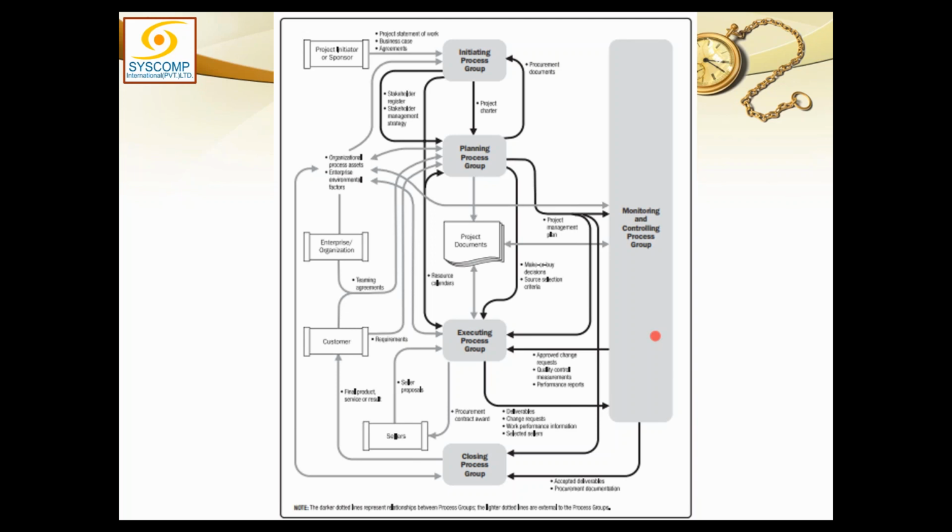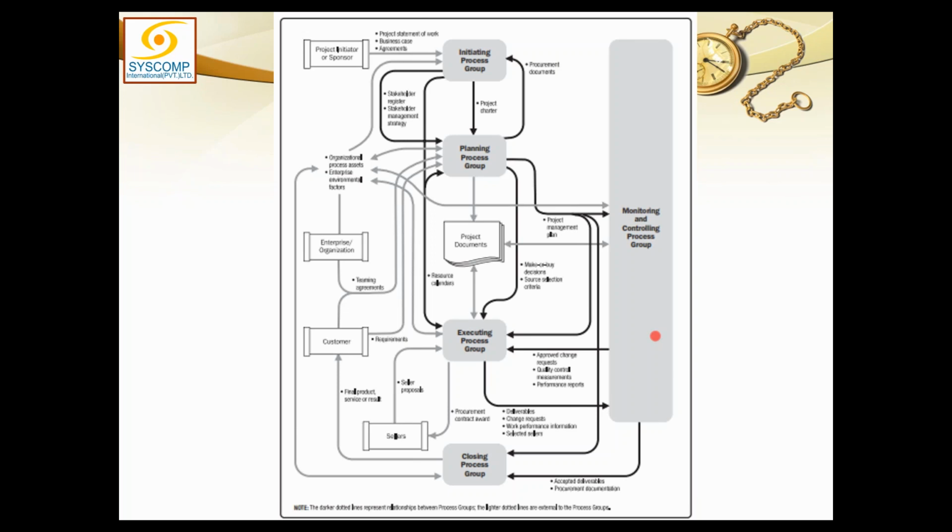Now we are not talking about who actually approves them, but we are just saying that the integrated change control process is responsible for getting it approved or rejected. If you want to go into the detail, it is the project board which actually approves or rejects, but this happens under integrated change control.